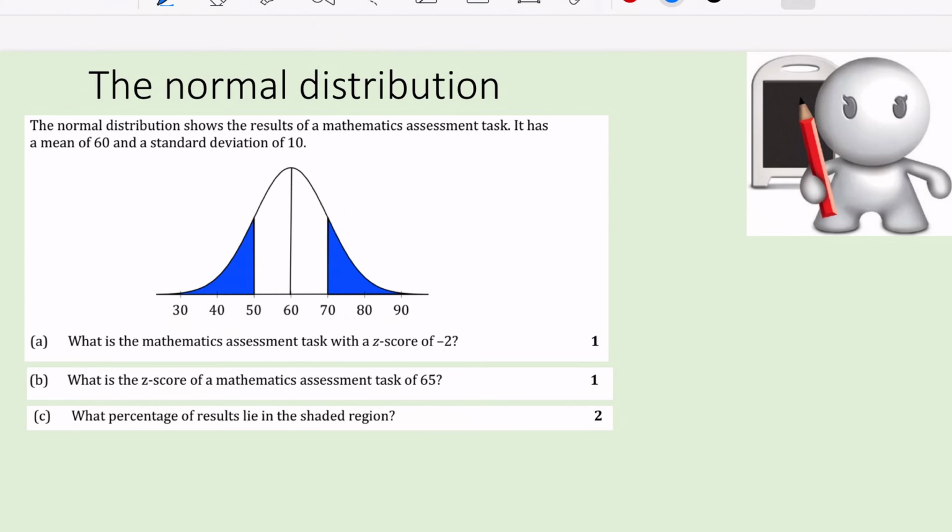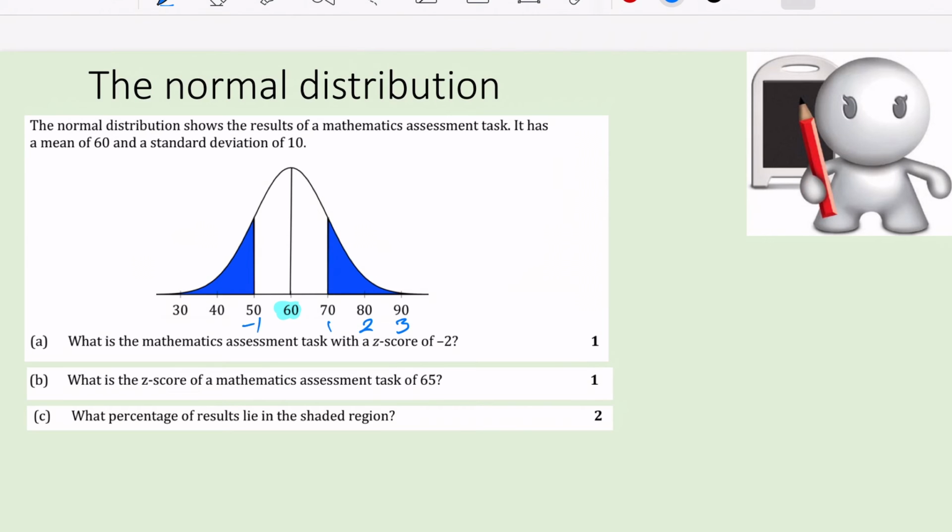Now the normal distribution shows the results of a mathematics assessment task. It has a mean of 60, noted there, and a standard deviation of 10. We are going up by 10s, so plus 10 is one standard deviation above the mean, two standard deviations above the mean, and three standard deviations above the mean.